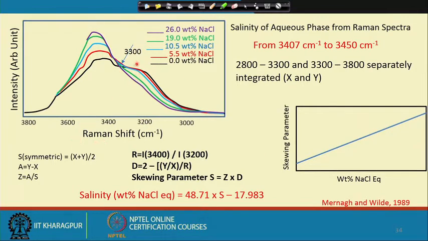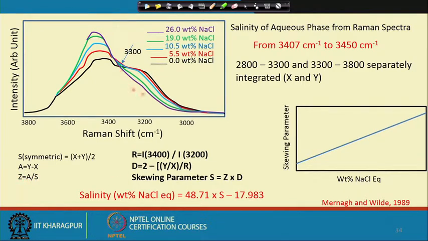So several parameters have been derived here. If the area of the peak integrated from 2800 to 3300 is represented as x, and 3300 to 3800 is represented separately as y, then we get a symmetric parameter s, which is (x plus y) by 2, and an asymmetric parameter a, which is y minus x, and then the ratio a by s gives us a parameter z.